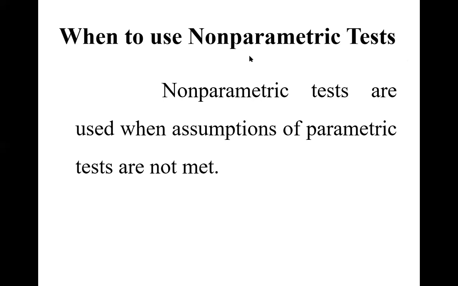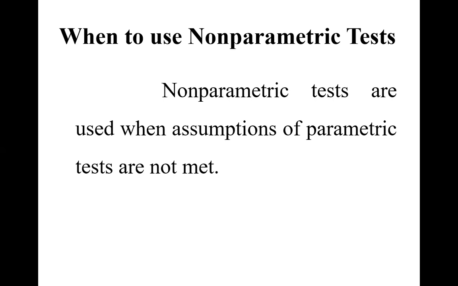So regarding the condition of when to use the non-parametric test, directly we should not use it. If my data is in metric form, then first of all we should try to apply the parametric test. If my data is not normal and not homogeneous, then we should correct our data through either log transformation, inverse transformation, or square root transformation.